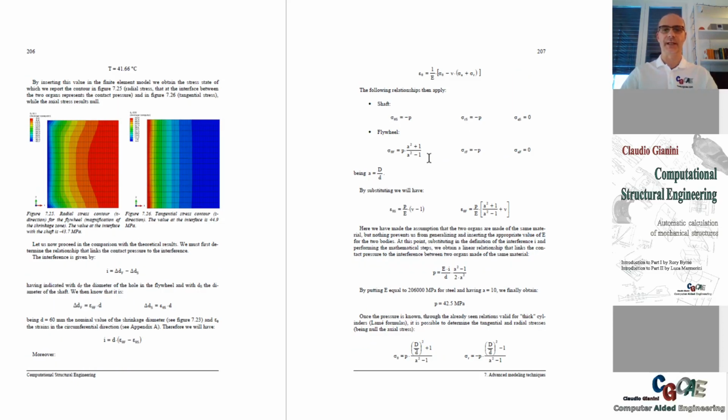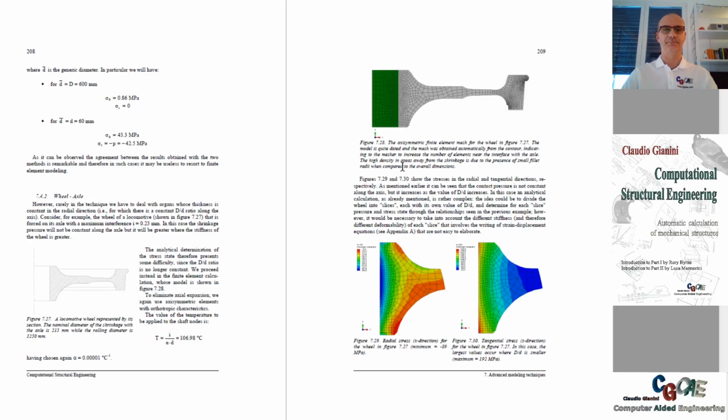Here is explained how to extract the necessary information to be used in the finite element model. Basically, we use a thermal approach, so we expand the shaft, or we freeze the flywheel, to get the wanted interference.